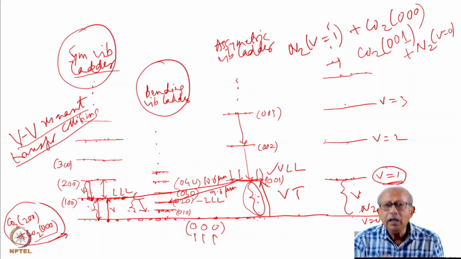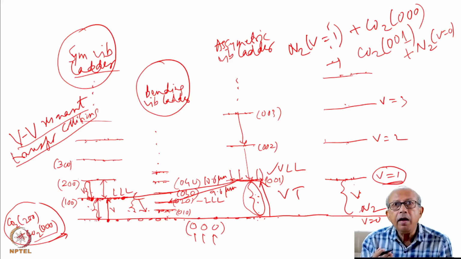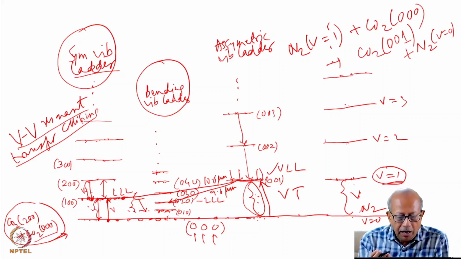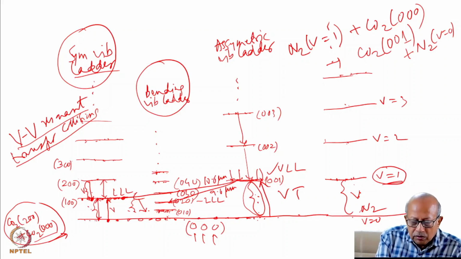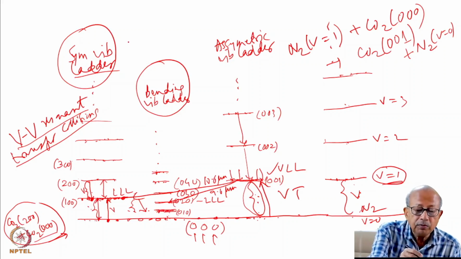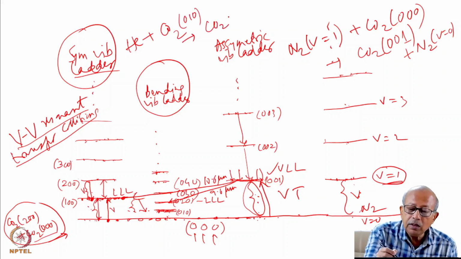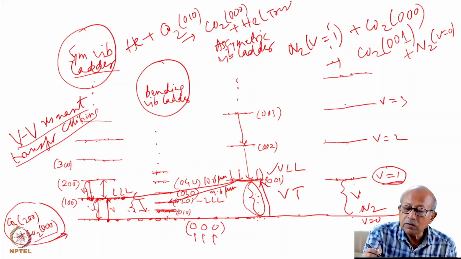If you add helium to this mixture, then helium is an efficient additive which can remove this vibrational energy through VT relaxation. That means helium plus CO2 in 010 will result in bringing the CO2 down to the ground state, and helium will have the transition.